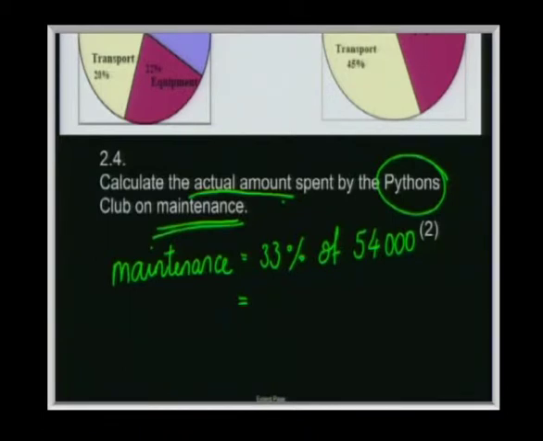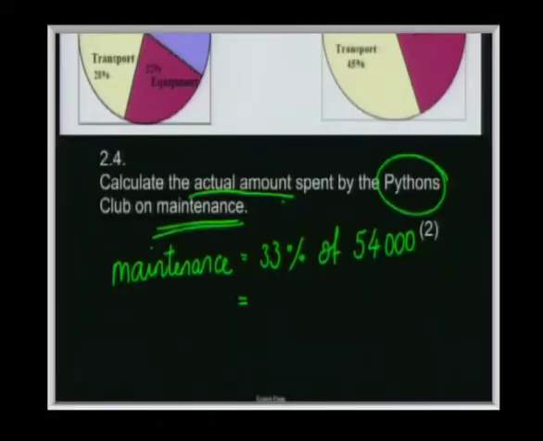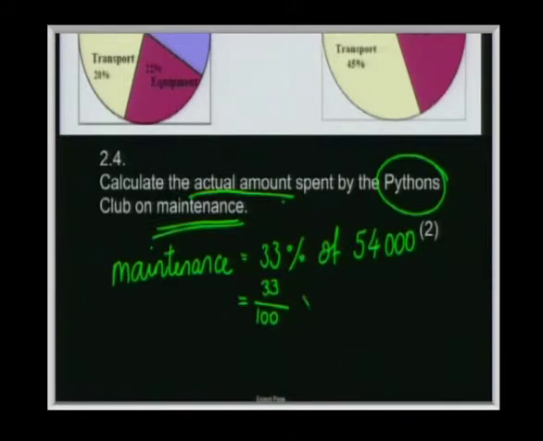The last time we worked out a percentage, we did it with the percentage button. If you're not so lucky to have a calculator that's got a percentage button, there is another way of doing it. So let's do it that way this time. So it's going to be 33, and always percentages are out of 100. So I'm going to put it over 100 and times it by the 54,000. Now when I do this on my calculator, I could type that in as a fraction, or I could just use the divide sign.